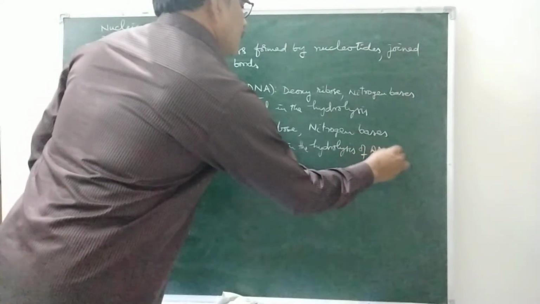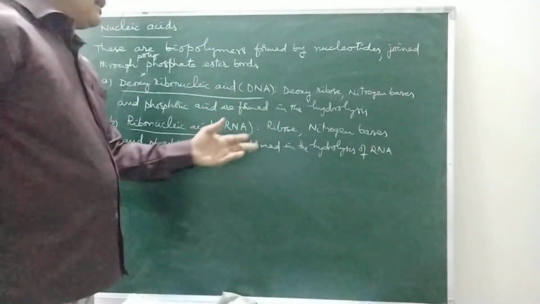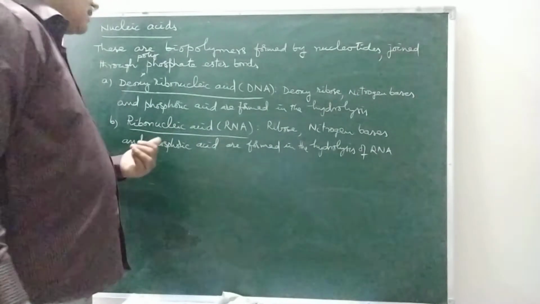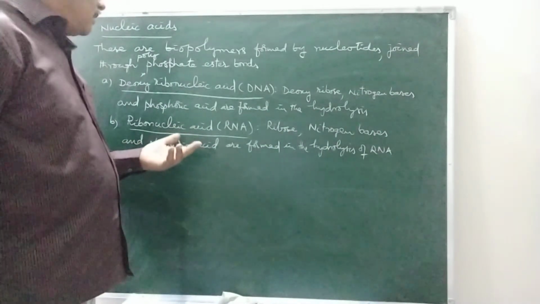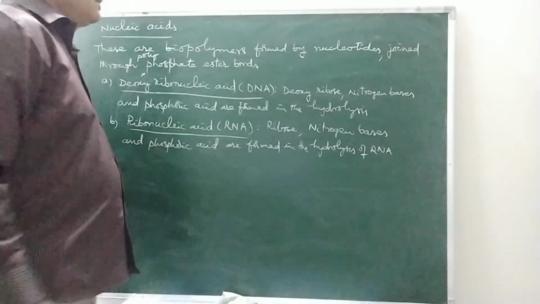So in RNA, ribose, nitrogen bases, and phosphoric acid are present.